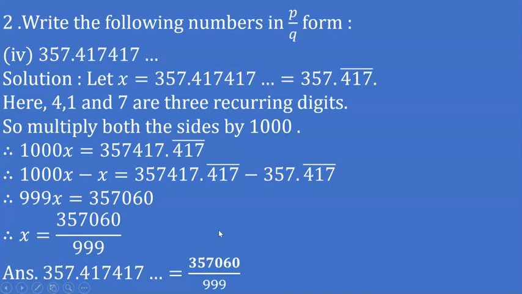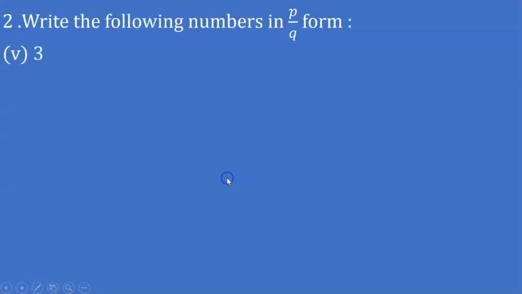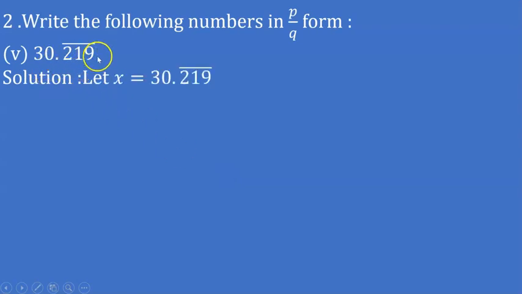Okay, now next, 30.219 recurring. Again, let x equal 30.219 recurring.